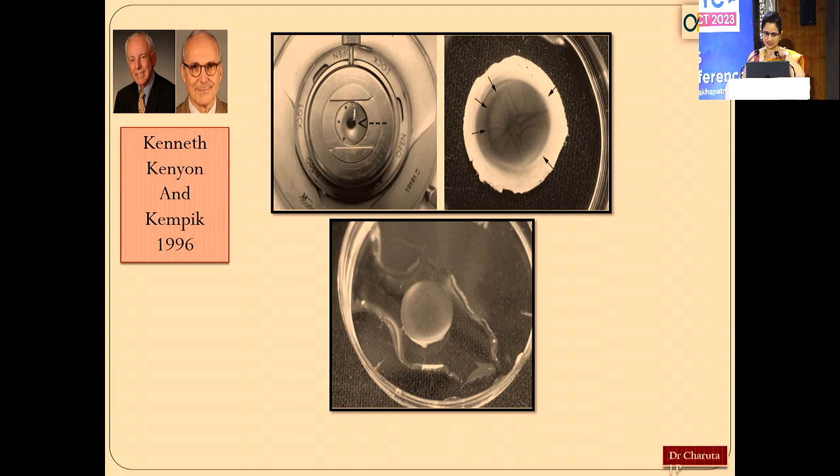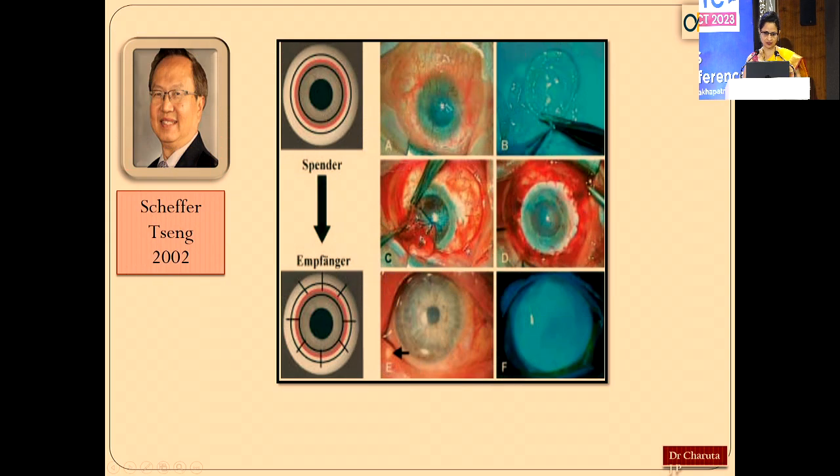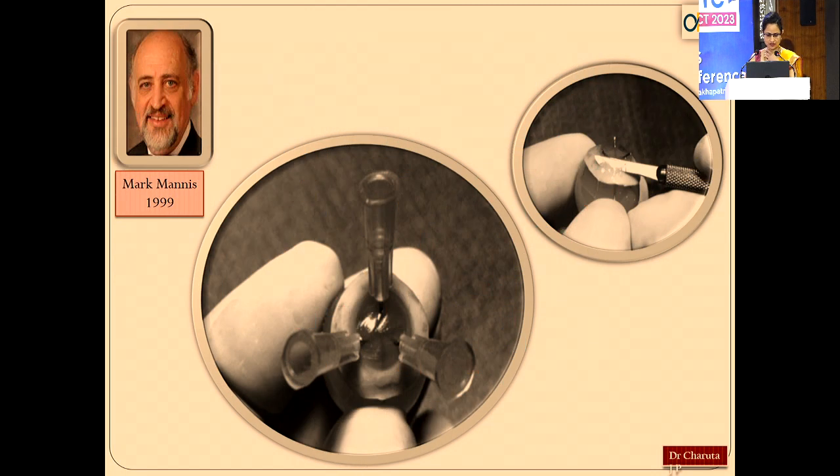Advances in these were also described by Kenneth Kenyon and Kempik in 96, wherein they used the Moria LSK1 microkeratome and the ALTK system, so that they were able to prepare an eccentric lamellar keratolimbal graft, which included 3 to 4 clock hours, and unfortunately only 3 to 4 clock hours were available. Scheffer Tseng again described his technique, which is very similar.